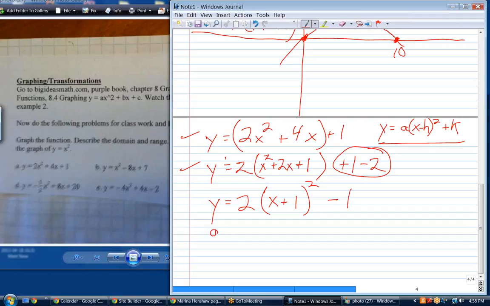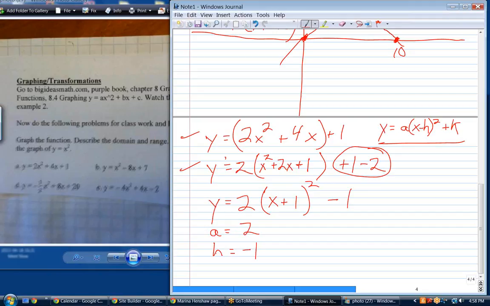So A is what? Is 2. H is what? 1. No, it's got to be x minus h. We're looking at an x plus 1, which means h has to be minus 1.